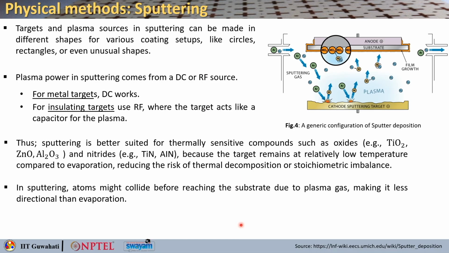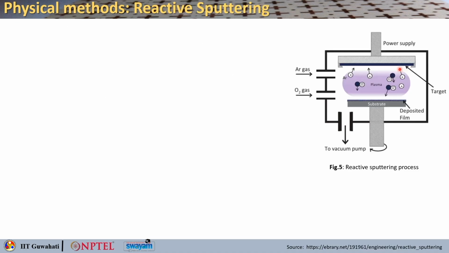Now, in sputtering, you can see that the atoms might collide among themselves before reaching the substrate, due to the plasma gas, and that makes it less directional than evaporation.